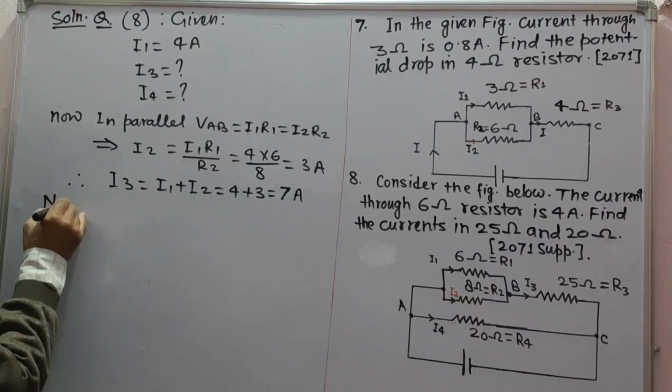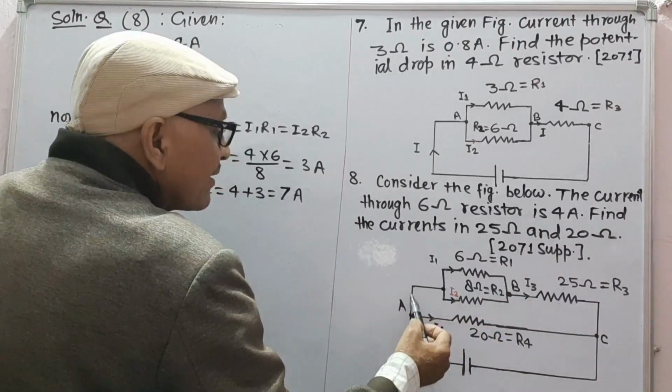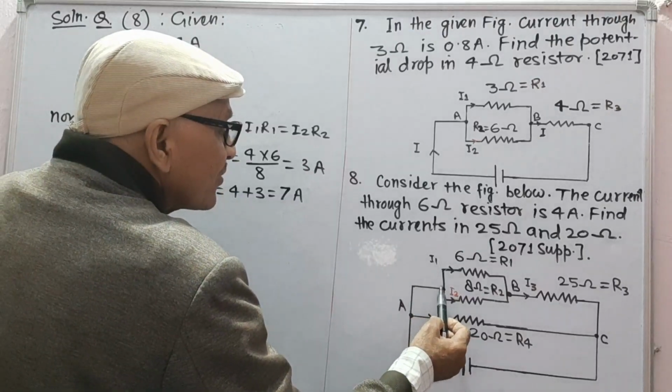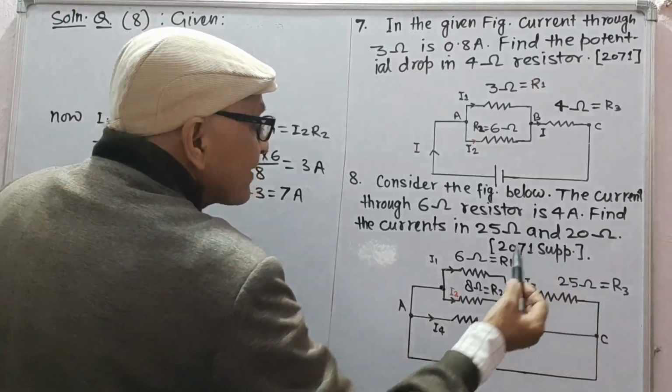Now, in upper branch, resultant resistance will be equal to resultant between A and B plus R3.